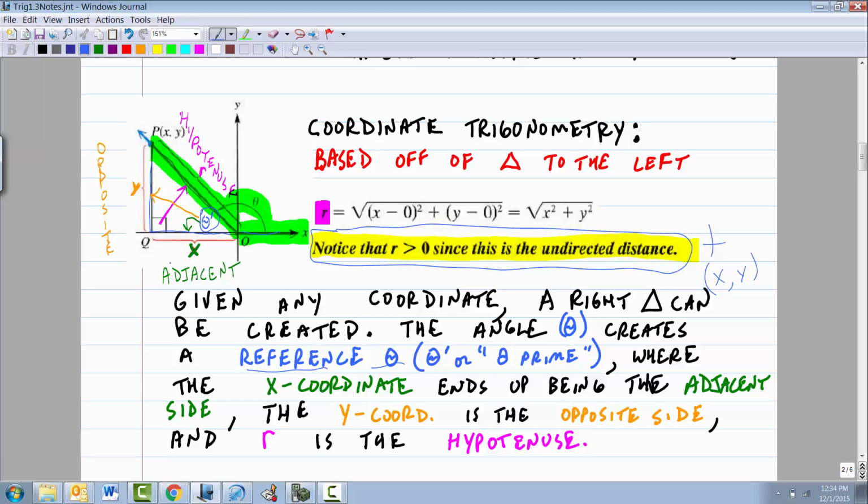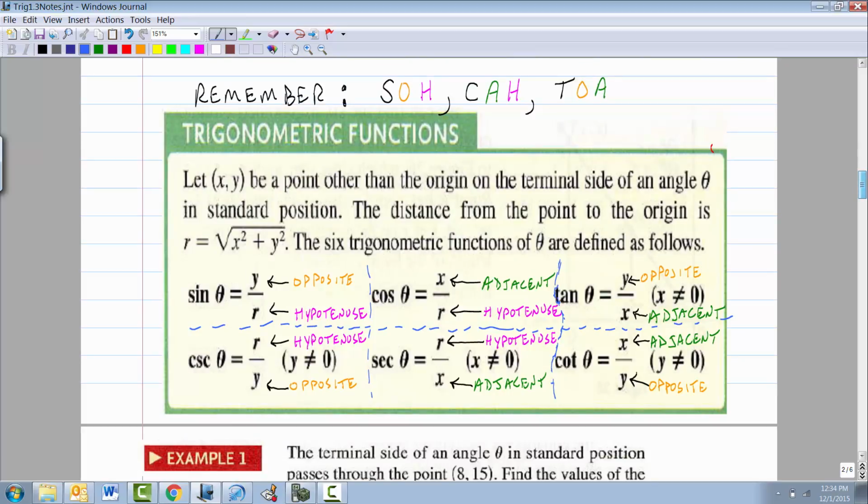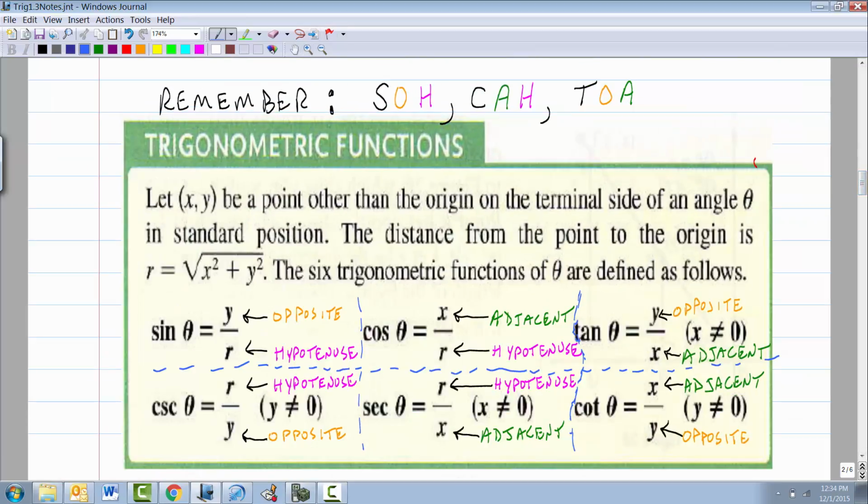What's tangent? Toa. Oh no, it's tix. Sir, kixer, tix is the new acronym that you need to learn in Algebra 2. So instead of SOHCAHTOA, here's sir, kixer, tix.